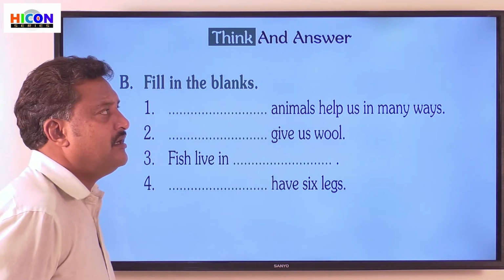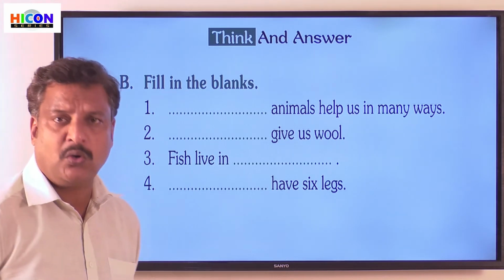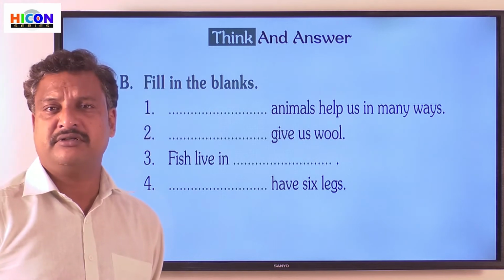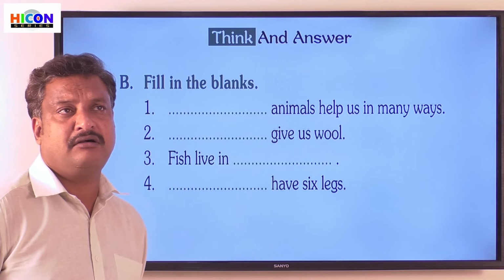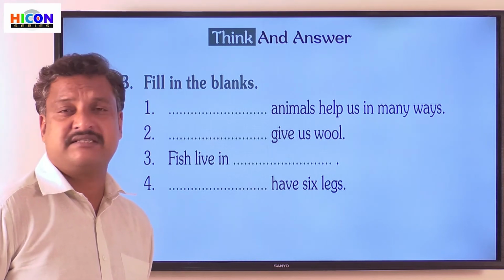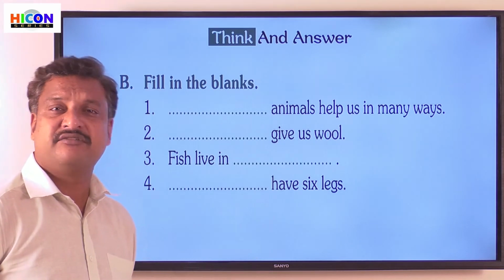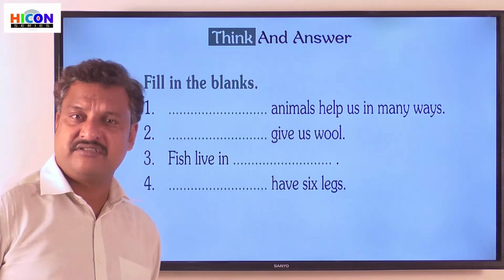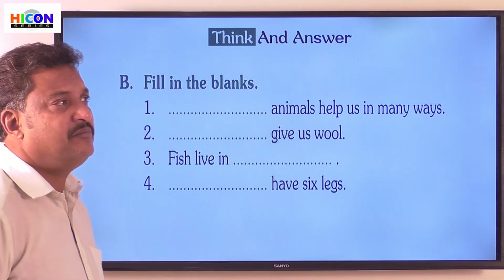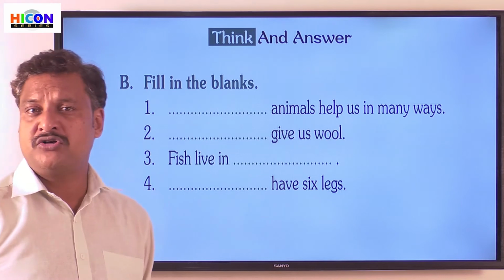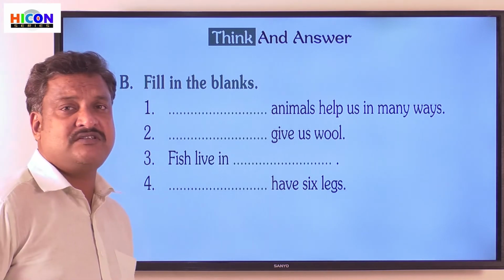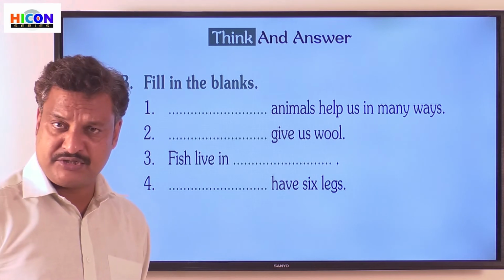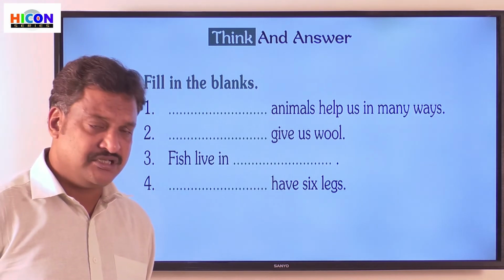Domestic animals are animals that we grow at home and we get some kind of help from them. Some animals give us milk, some give us eggs, some give us flesh, some give us fur, and some we use for carrying loads, pulling carts, plowing land. Some animals like horses are even used for transportation.